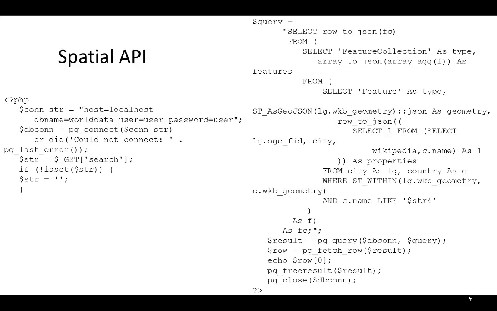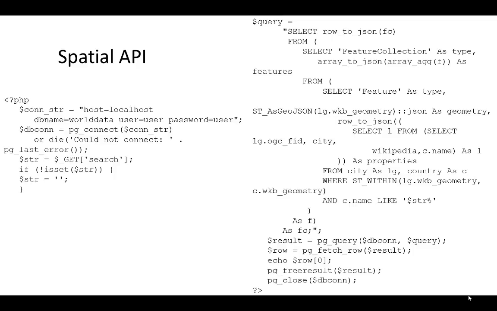If we want to do a spatial API, we can build one of them relatively easily. So here, everything's all the same. In this case, we're going to return cities and countries. So we're going to return the country for each city. The city database doesn't have the country that the city is in, unfortunately.